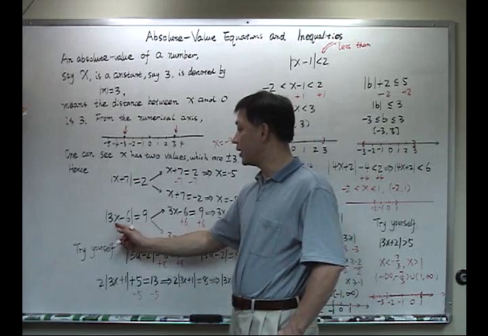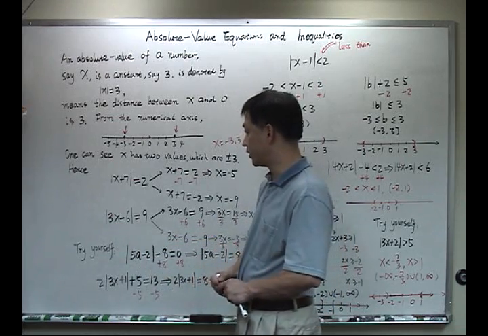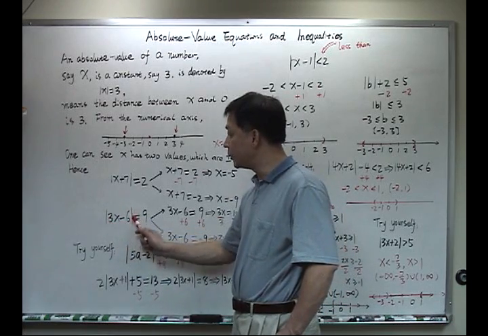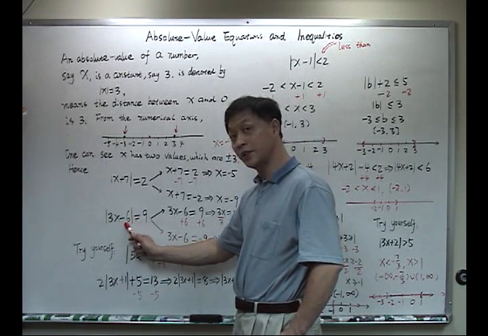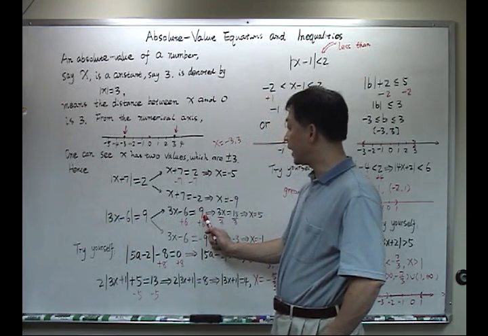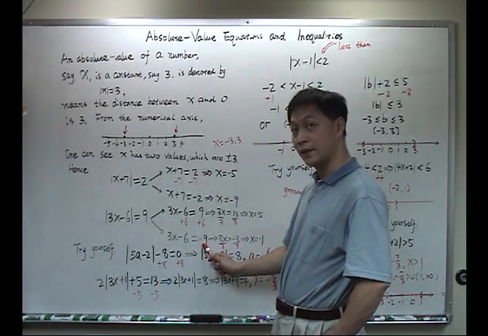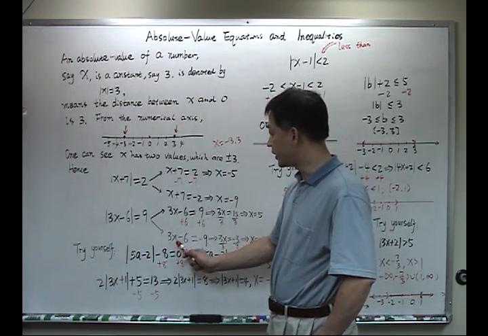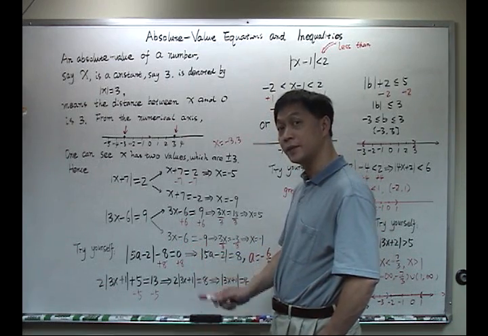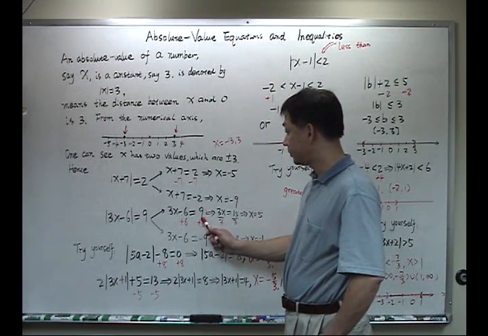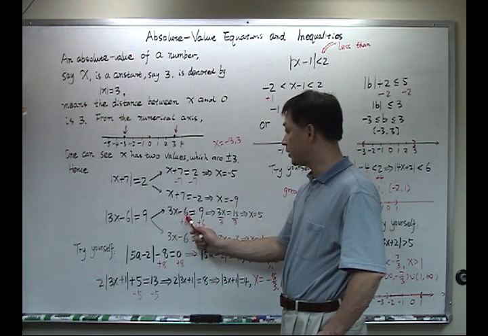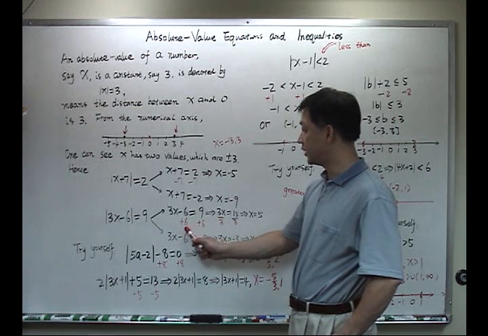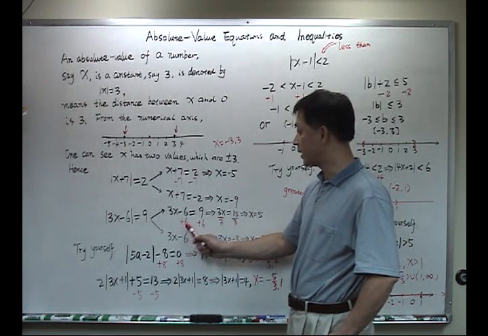Similarly, for absolute value of 3x minus 6 equals 9, the whole thing inside the absolute value, 3x minus 6, can be positive 9 and can be negative 9. If 3x minus 6 is positive 9, add 6 to both sides, and the negative and positive 6 cancel.